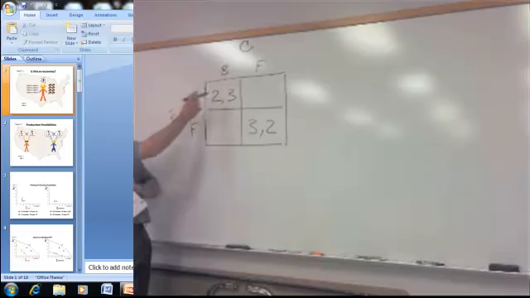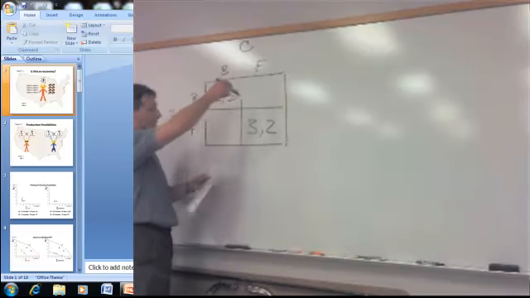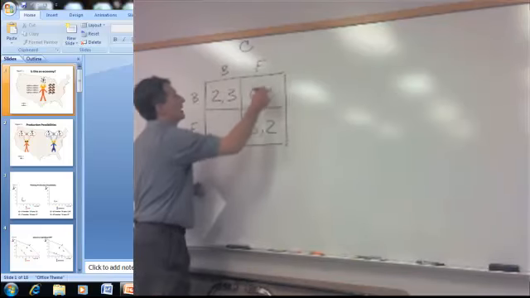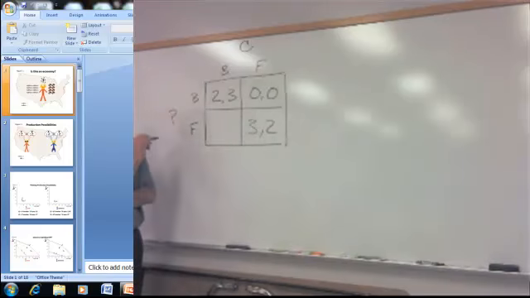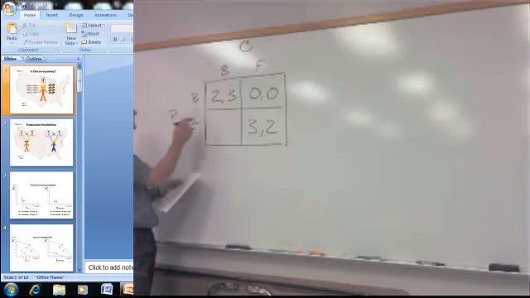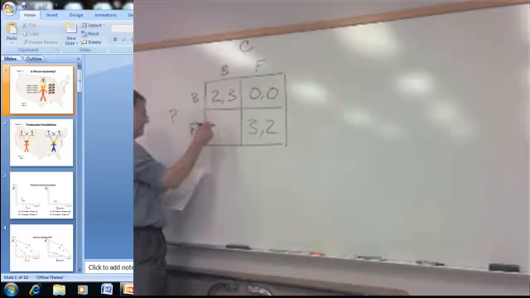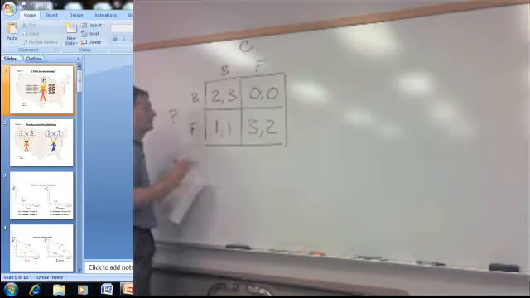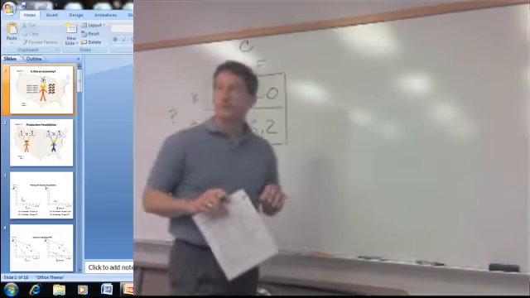Now, if Pat goes to the ballet and Chris goes to the fights, they each get 0 units of happiness. And if Pat goes to the fights and Chris goes to the ballet, then they each get 1 unit of happiness.